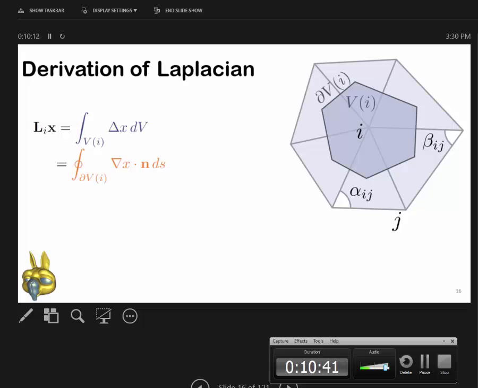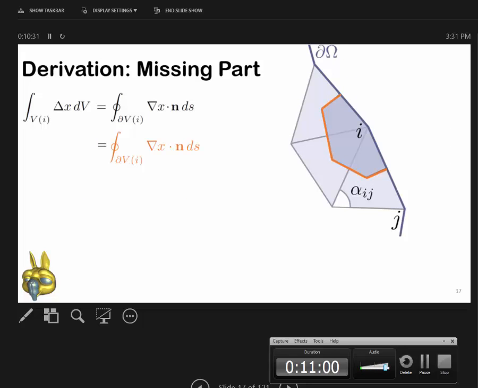It will integrate over all edges highlighted in orange. Since this function is piecewise linear, after some computation, we will arrive at the same cotangent Laplacian. This is really a standard one that you have seen everywhere in geometry processing. But so far, nothing is new here.